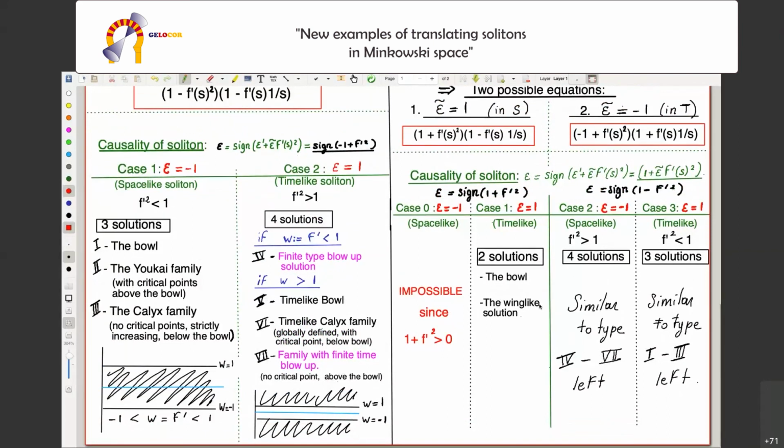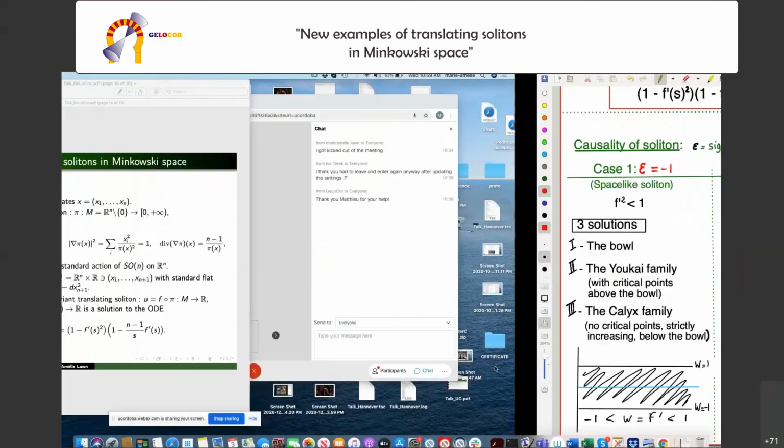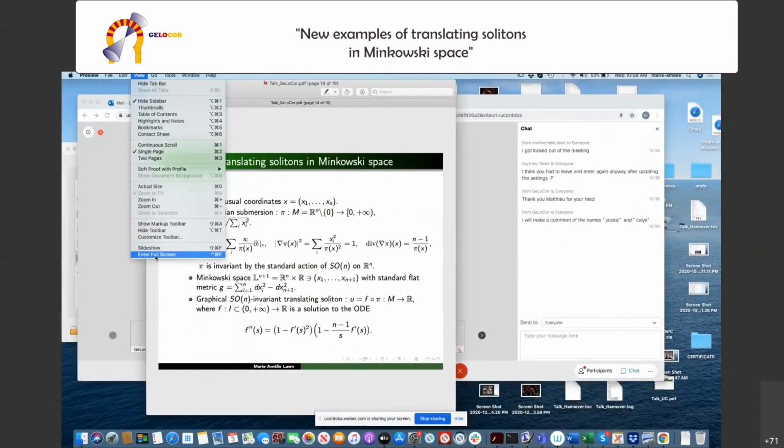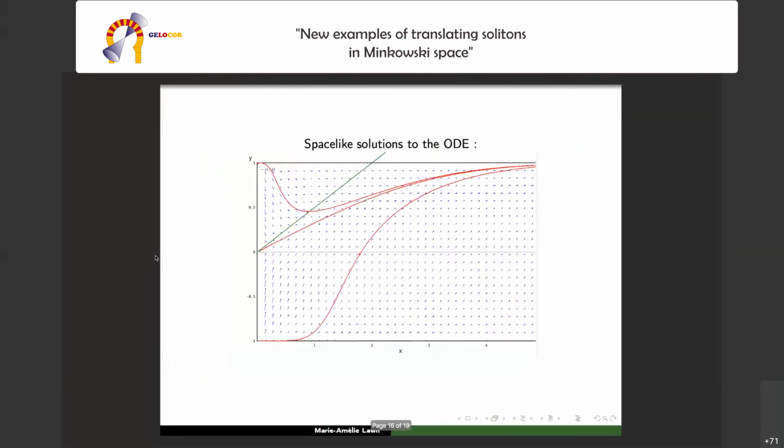So we can actually glue the entire translating solitons of these two types together, and those are the only entire translating solitons. So let me just show you a few pictures. This is, for example, the space-like case, where this is the bowl solution, and these are the two families, the one with the critical points and entire solutions, and this is the one below.